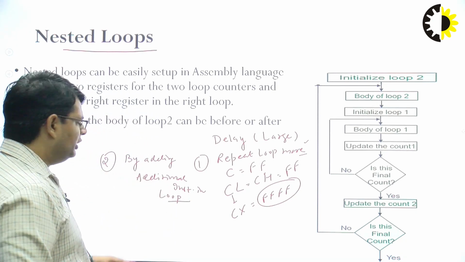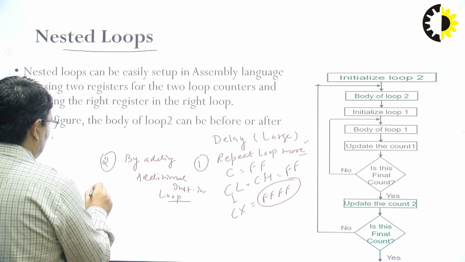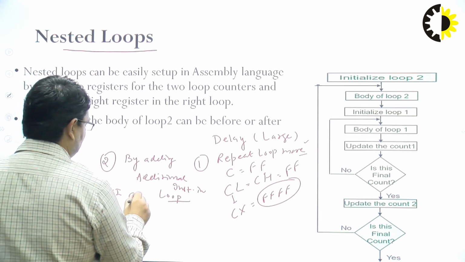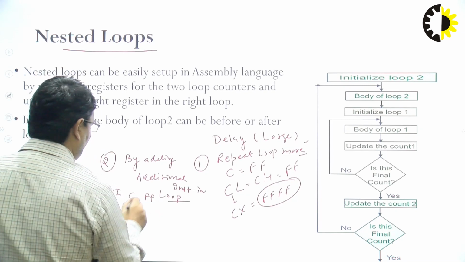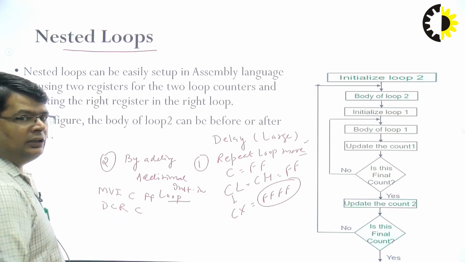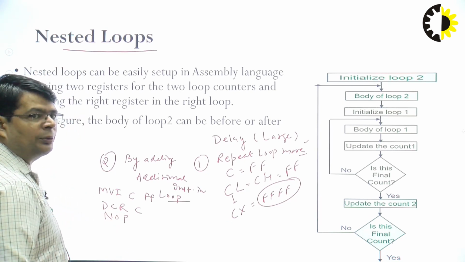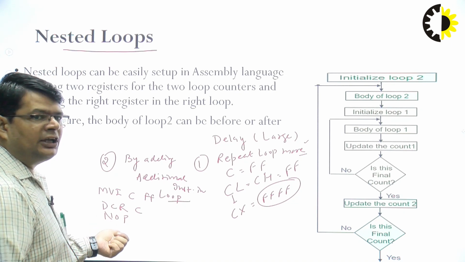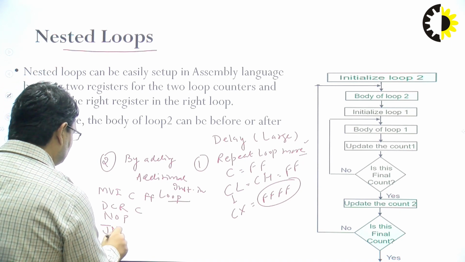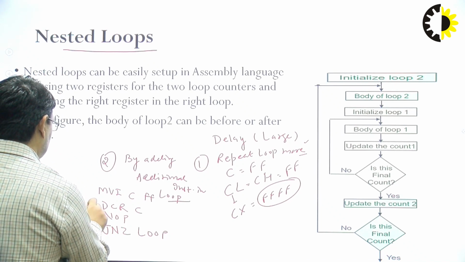For example, in the previous example, we can use the instruction like this: move immediately C, FF, then we are having DCR C. Then after this we can use an additional instruction in the loop, NOP, no operation, so that the execution time taken by the loop in one execution can be increased, and then we can have jump not zero loop, and that will go to the loop.